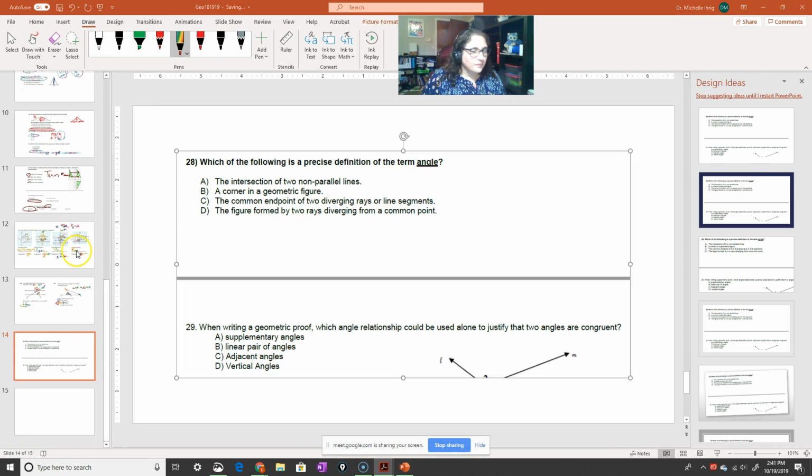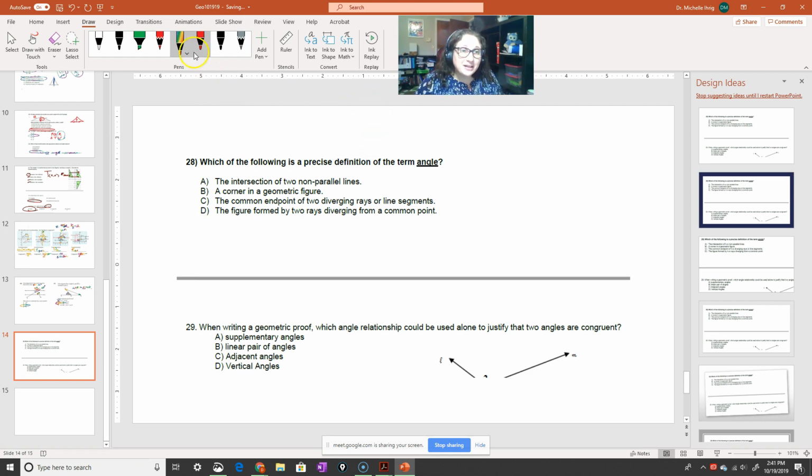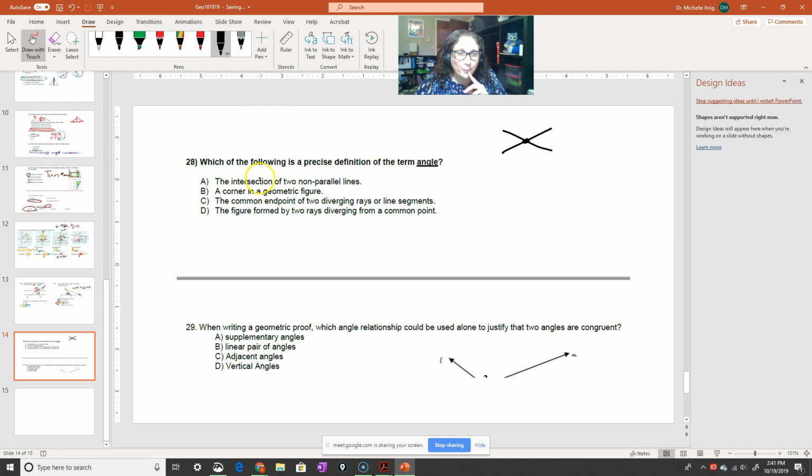Next. Which of the following is the precise definition of an angle? The precise definition of an angle is that you need a common endpoint and ideally rays. Let's see. The intersection of two non-parallel lines? Nope. The corner of a geometric figure? Nope. A common endpoint of two diverging rays or line segments?